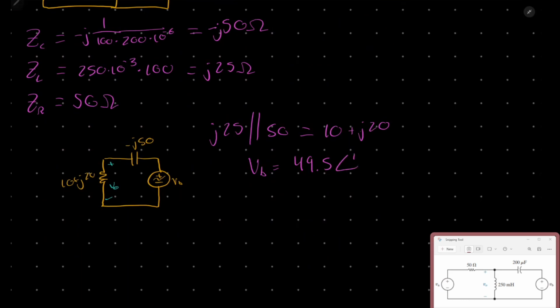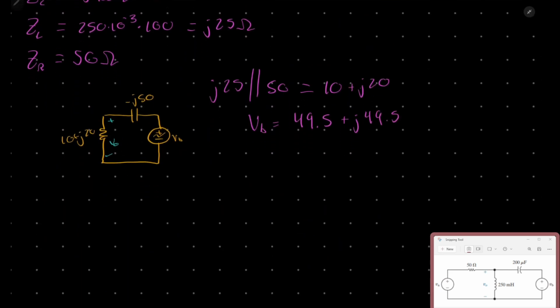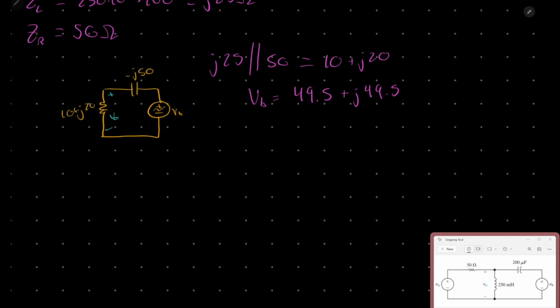Actually, no, we're doing rectangular form. And then it'd be 70 sine 45, which is the exact same, 49.5, but imaginary.